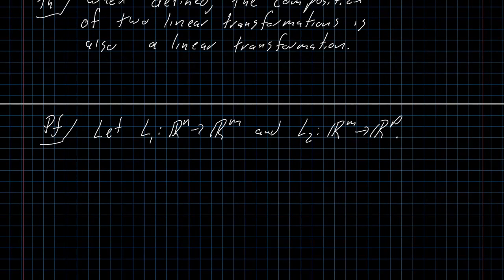So to see how this works, let's take a couple of linear transformations, L1 from Rn to Rm, and L2 from Rm to Rp. Let's let both of these be linear. Again, linear transformation is something we care about.